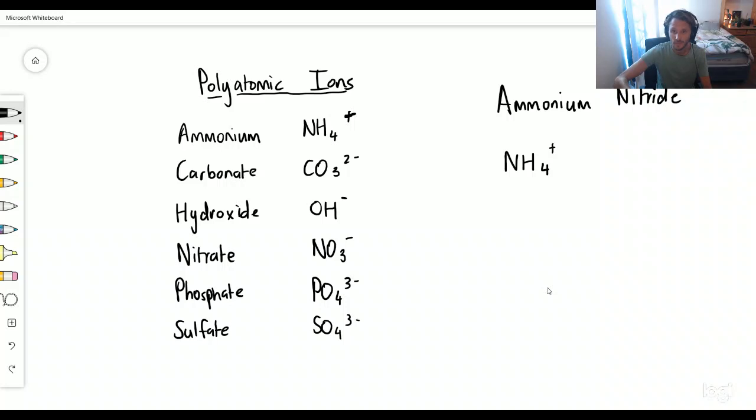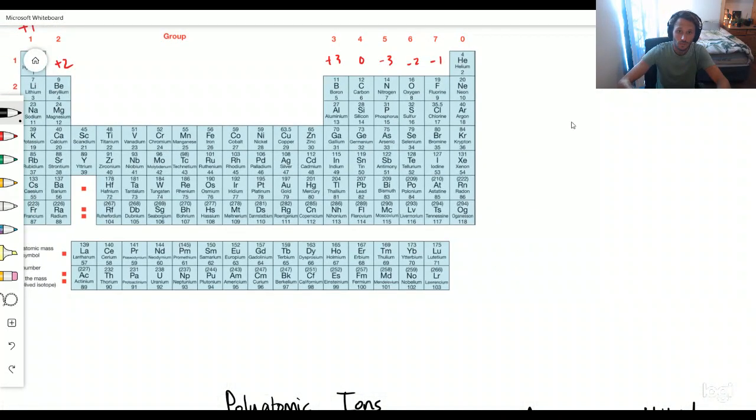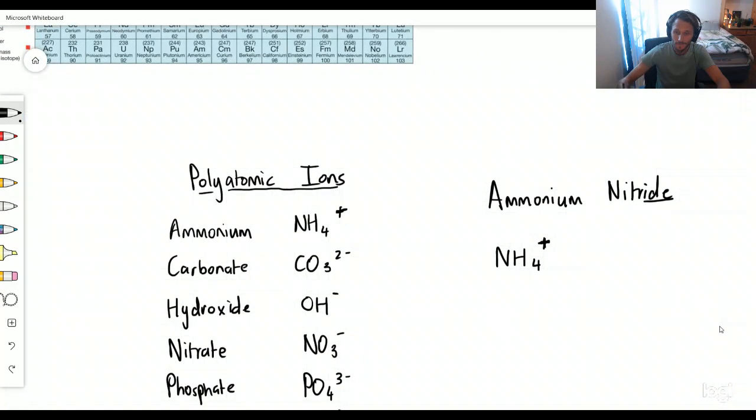The whole polyatomic ion, not just the hydrogen, has a 1+ charge. Now remember, nitride is not nitrate. Nitride is just simply nitrogen with a charge, so it's N3-.